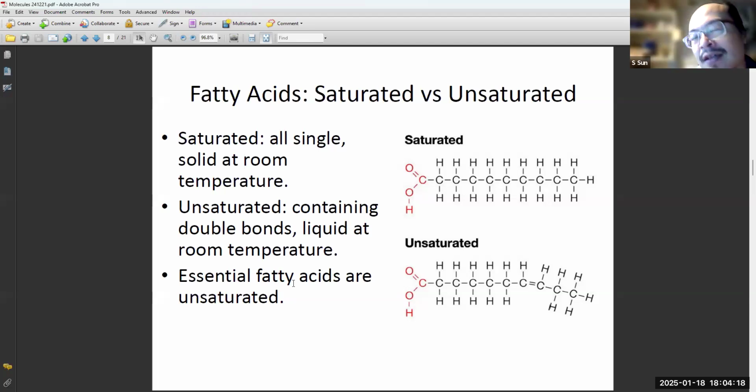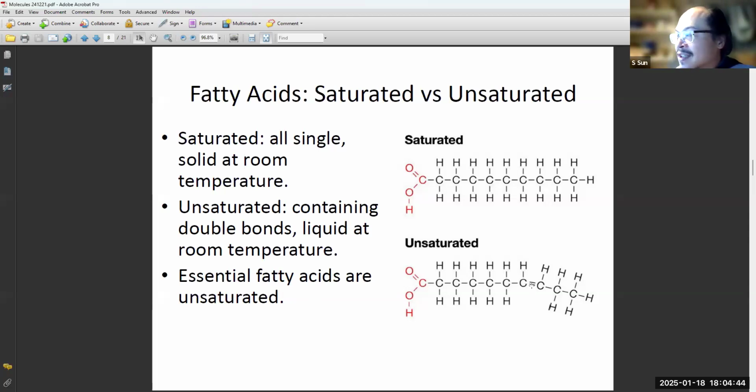Essential fatty acids include omega-3, omega-6, and DHA. Omega refers to where you see the double bond.